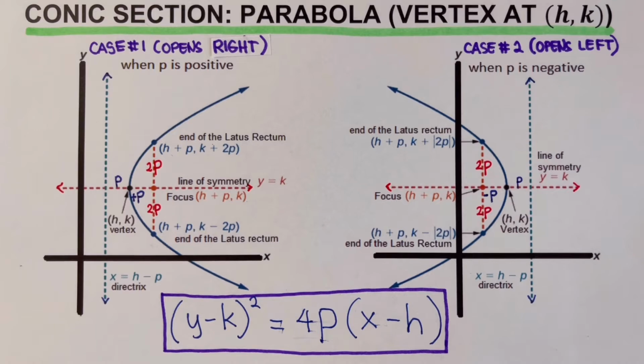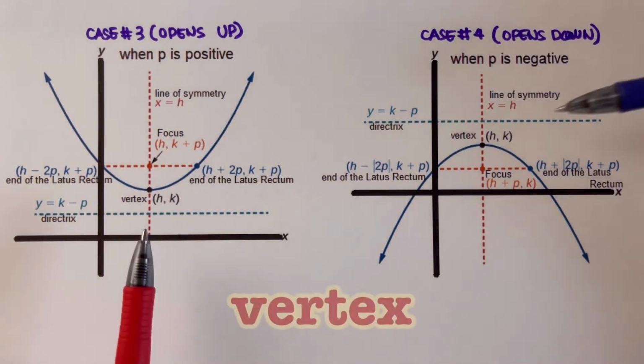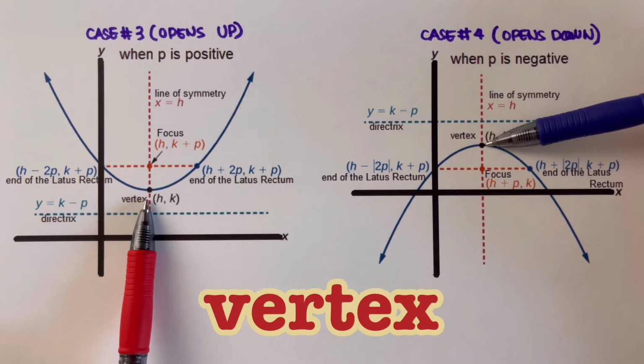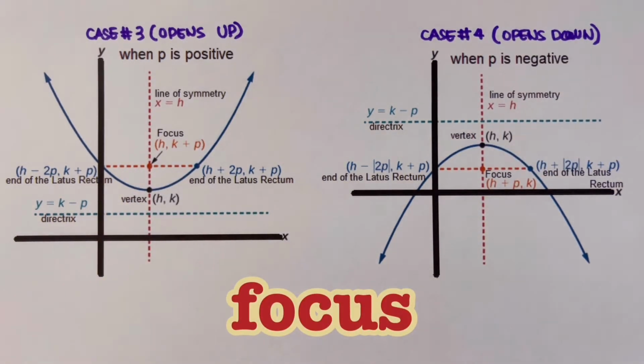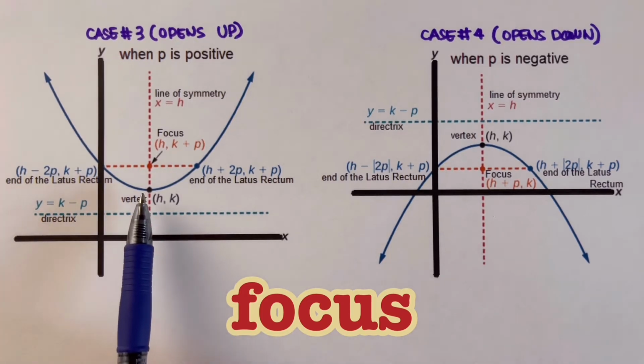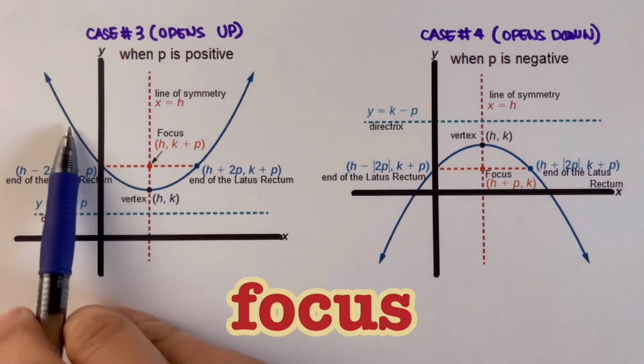Now let's have the third and the fourth case. The parts of the third and the fourth case are pretty much the same thing. We have the vertex. We also have the focus. Now, looking at case 3, we again remember that a parabola opens towards where the focus is from the vertex. Since our focus is located above the vertex, the parabola opens up.